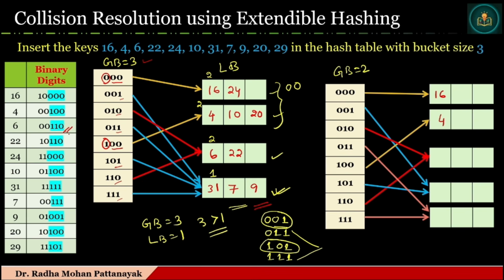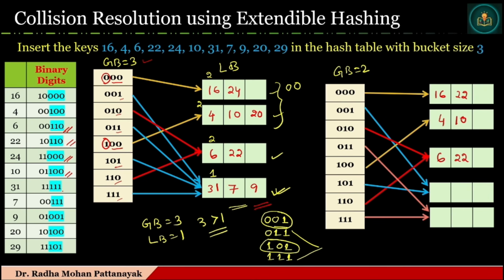See here, I am finding from this. LSB bits are 110. So put 6 here. Then for 22, LSB bits are 110, means put 22 here. Then for 24, 3 zeros, means put 24 here. For 10, the LSB bits are 010. So this is 010. Put 10 here.